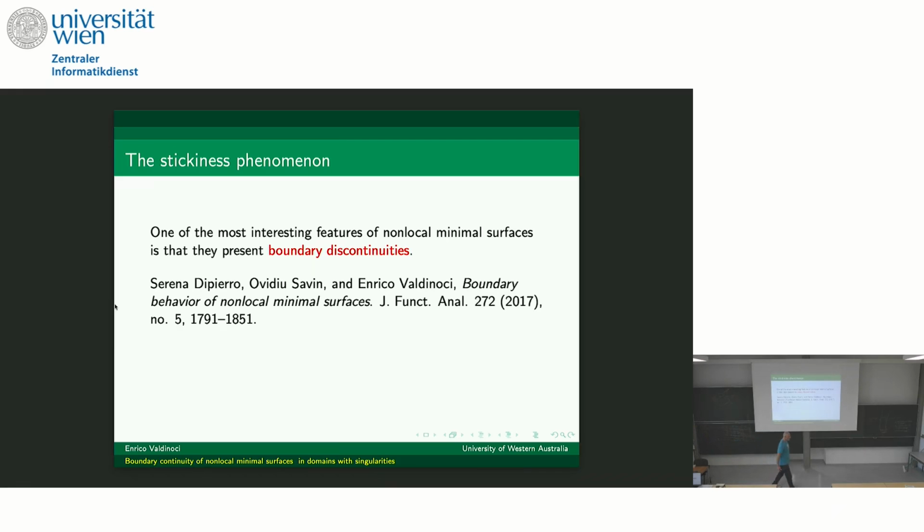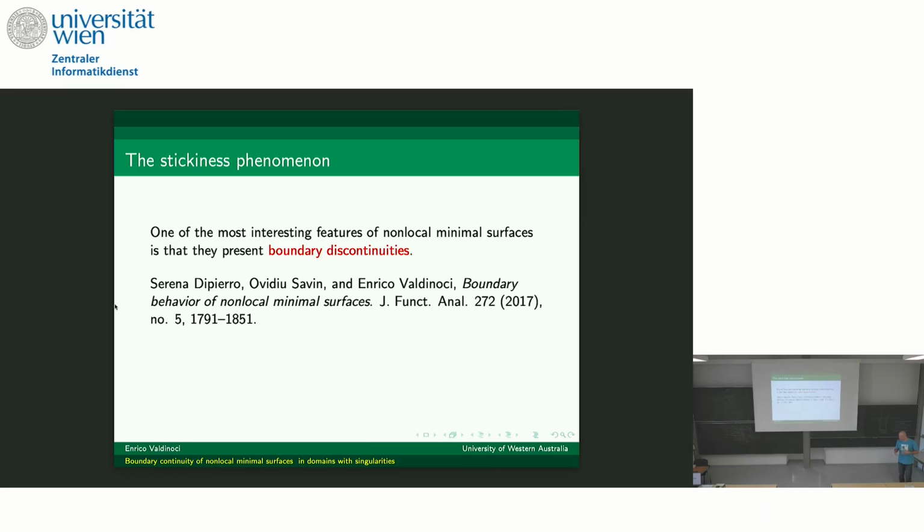Because if you come from classical PDEs, well, boundary behavior is a difficult topic, but it works, right? So if you have an elliptic equation and you have sufficiently nice coefficients, sufficiently nice boundary, then your equation is smooth up to the boundary. Of course, pathologies may occur, but typically due to some pathologies of your domain, of your coefficients, whatever.